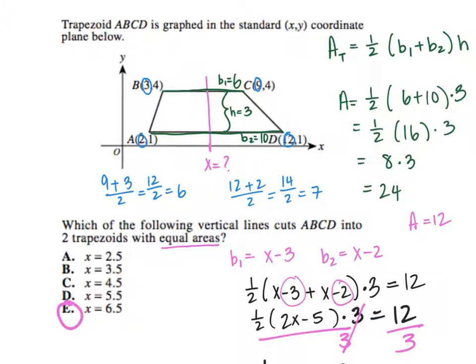So if you take 6 plus 7 divided by 2, that's going to be 13 over 2, which is 6.5, and so that would be the middle number. So basically you're taking half of the original base and finding that, and then half of the bottom base, and then finding the halfway point between these two of the bases.